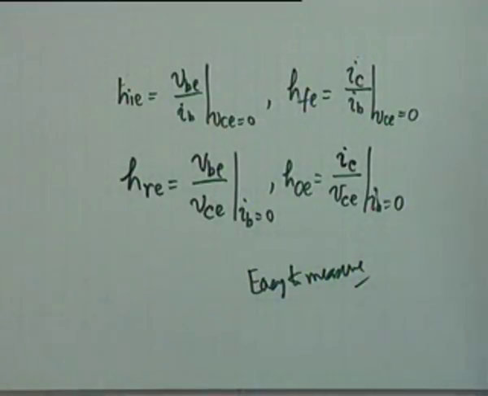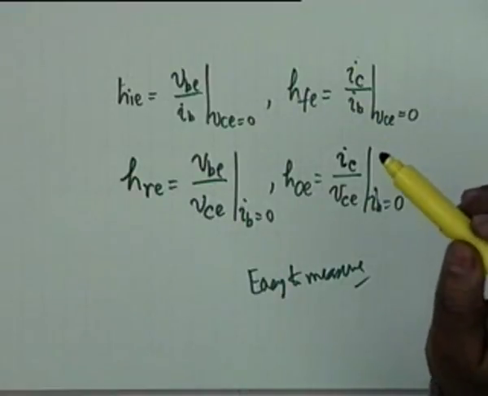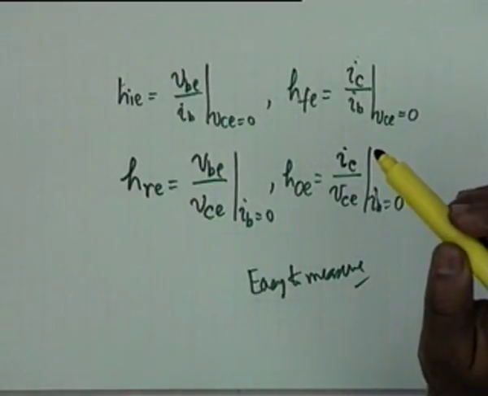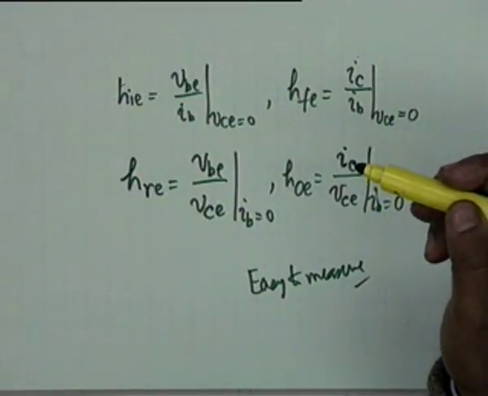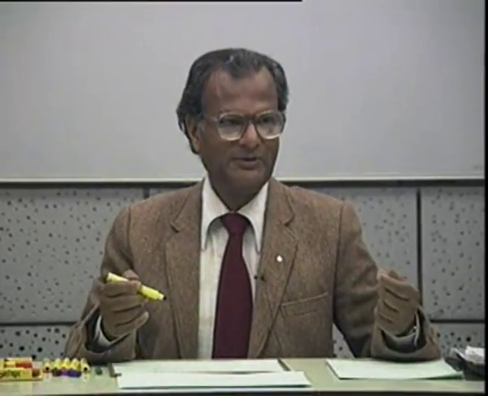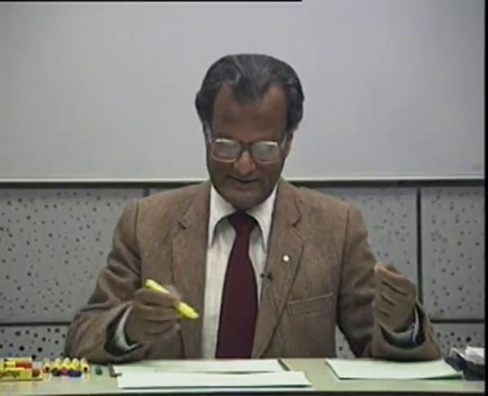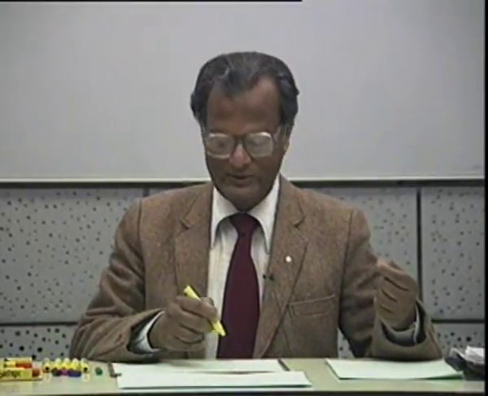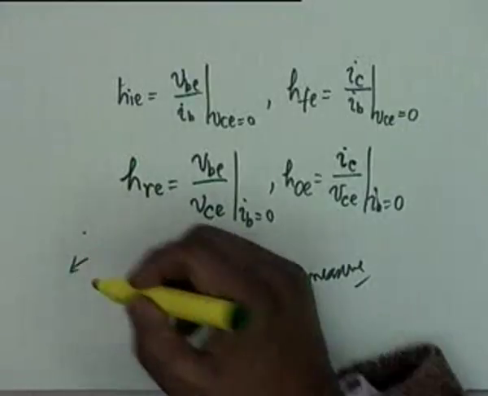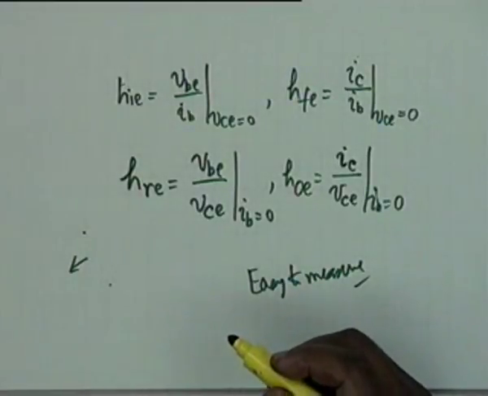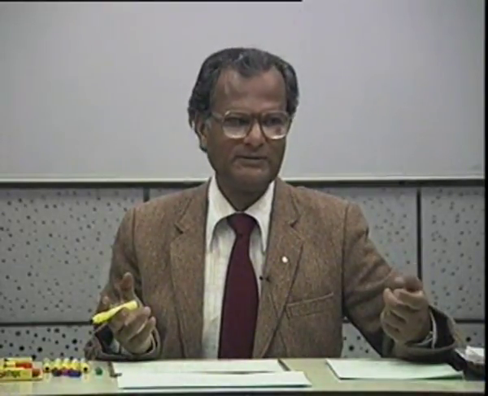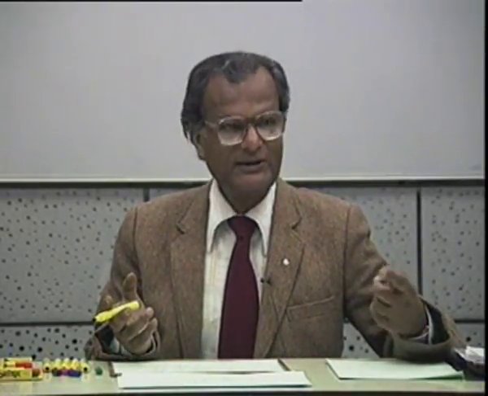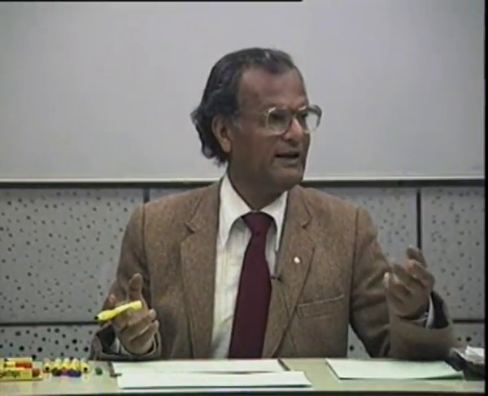Easy to measure because VCE equal to 0, that is the collector emitter junction short circuited, means that you have to include a resistance from collector to emitter which is much less compared to what resistance it sees. From the collector to emitter, what is the resistance seen by an outside source? It is R0, the early resistance, which is very, very large.